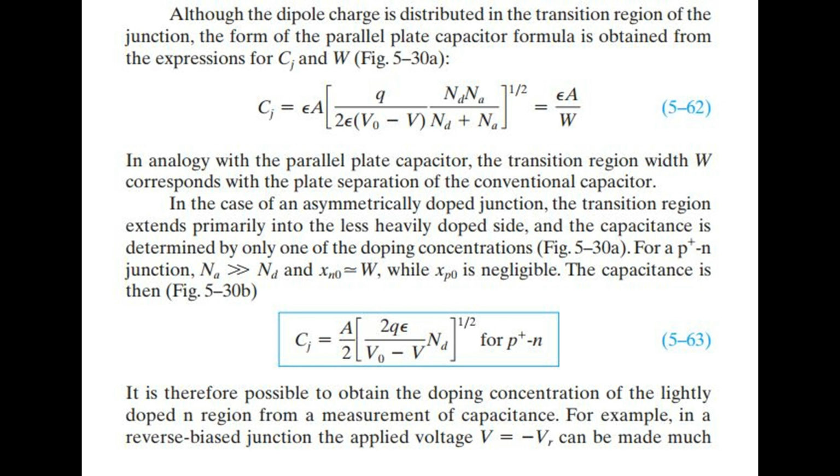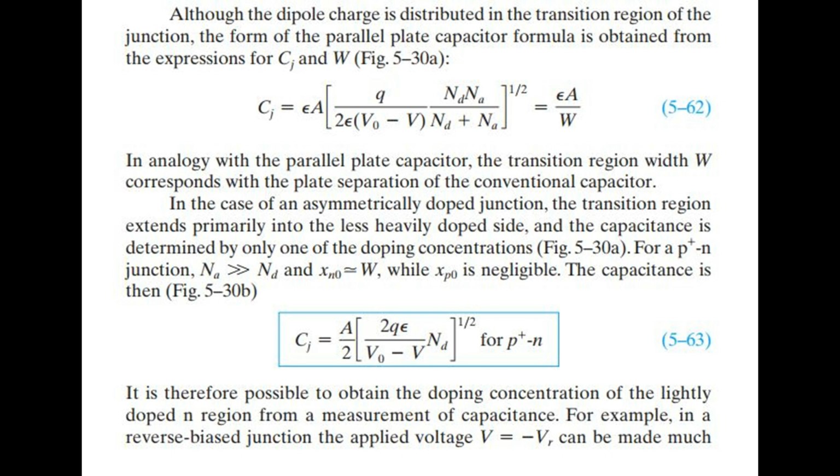In the case of an asymmetrically doped junction, the transition region extends primarily into the less heavily doped side, and the capacitance is determined by only one of the doping concentrations, Fig 5.30a. For a P+N junction, acceptors >> donors and W ≈ XN0, while XP0 is negligible. The capacitance is then, Fig 5.30b.